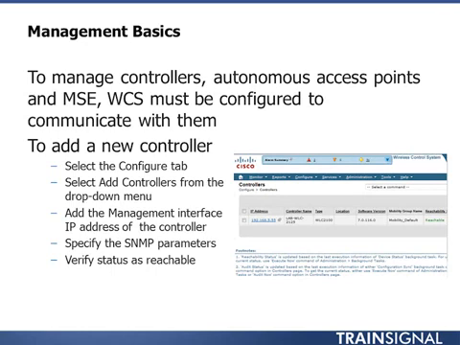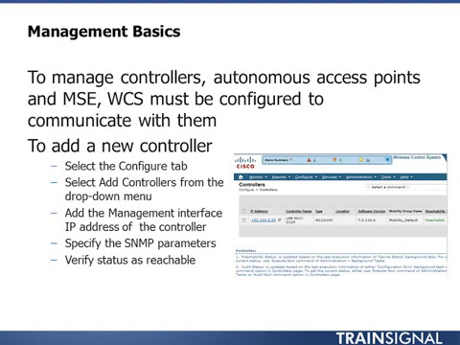And again, let me give you an example. Let's say you wanted to add a new controller to the wireless control system. What you would do is you would go into the wireless control system and you would select the third tab that's shown in this picture called Configure.